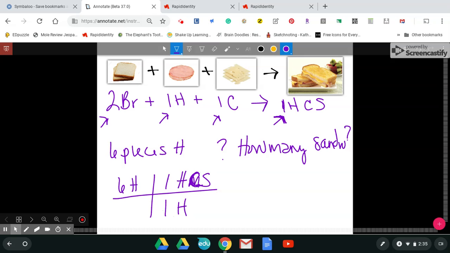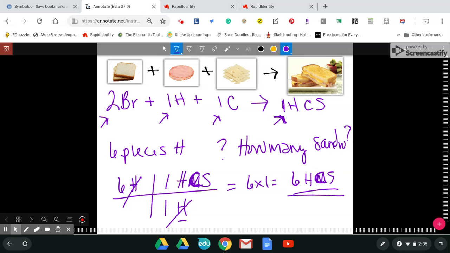Remember how we always had to have what we were trying to get out of on the bottom? So see, ham is gone. And so 6 times 1, I'm going to make 6 ham and cheese sandwiches. All right. So I've converted the amount of ham I have to the amount of sandwiches.